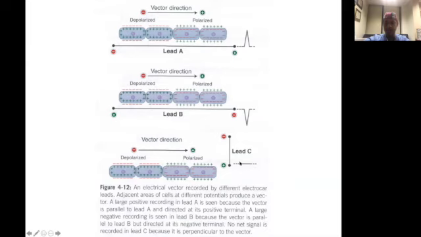Then I'm not going to pick up any electrical activity on that paper. So this is how EKG works. There is the electrical activity in the heart, and then we place the leads in different directions, and the same electrical activity is interpreted differently based on where the lead is placed.